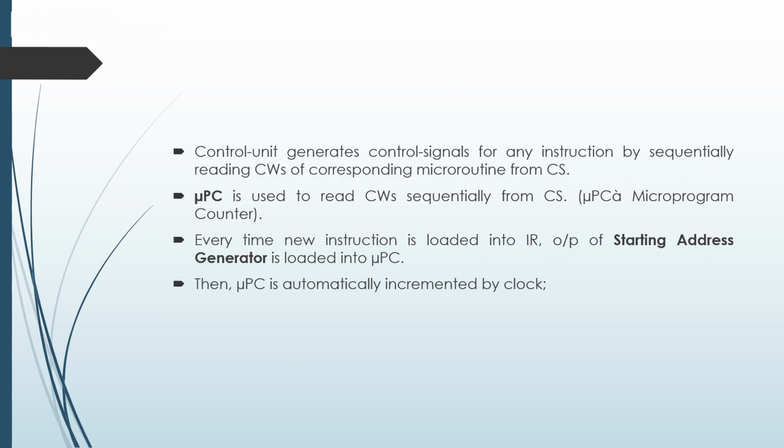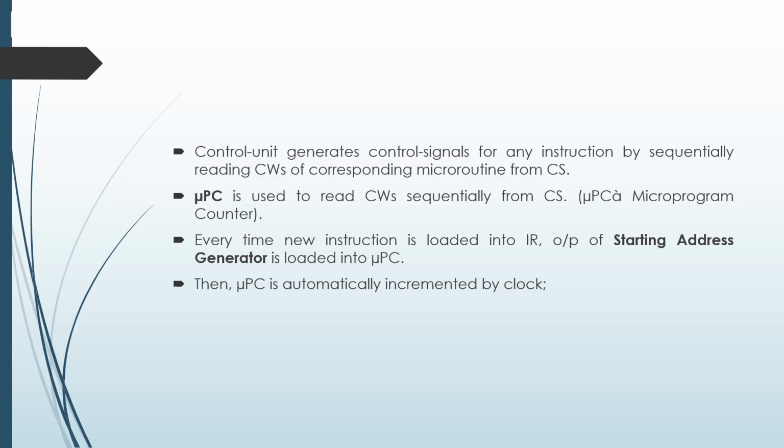The control unit generates control signals for any instruction by sequentially reading control words of the corresponding micro routine from CS. The micro PC, that is MuPC, is used to read control words sequentially from the control store.